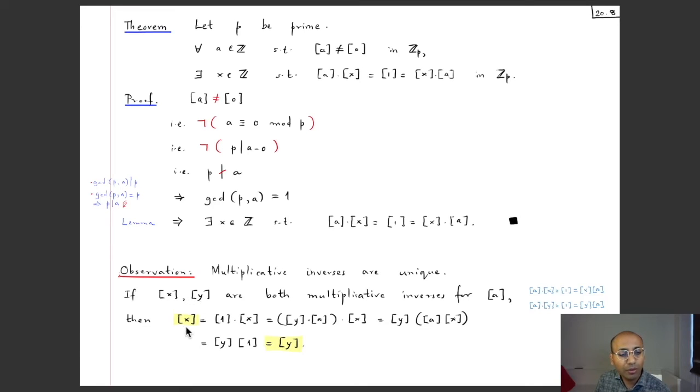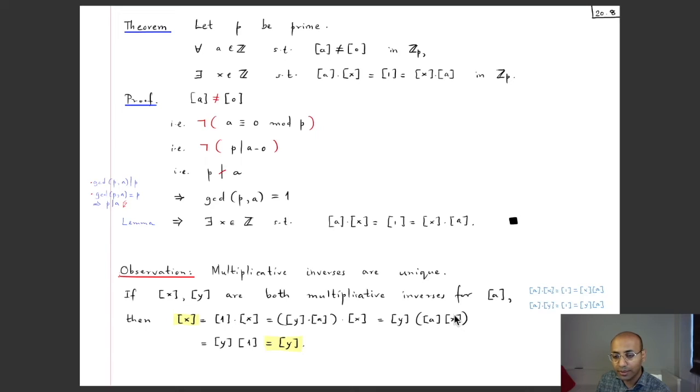Okay, so we know that the equivalence class containing x is of course the multiplicative identity times itself, and this multiplicative identity we can write as the equivalence class containing y times the equivalence class containing a, because this serves as a multiplicative inverse of this one. So the product of these two is the multiplicative identity. And now by associativity, we can combine these two so that you have the product of the equivalence class containing a and the equivalence class containing x.